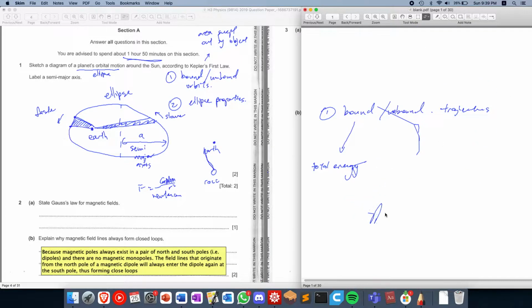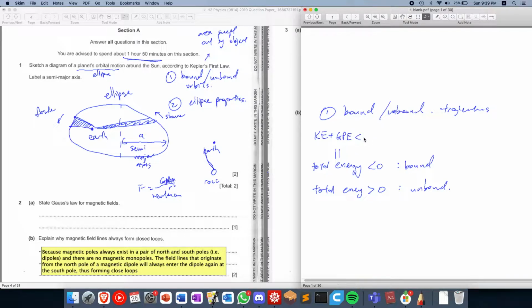Okay, if the total energy is less than 0, then it's bound. And if the total energy is greater than 0, it's unbound. So you might be wondering why is that so? So you think about it, total energy is actually equal to KE plus GPE, right?